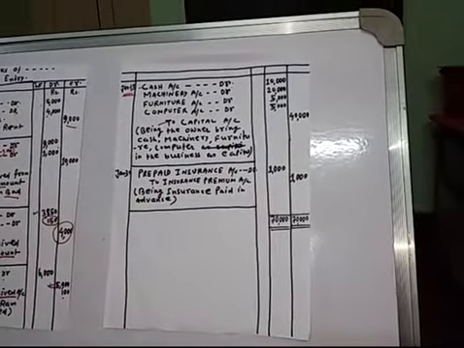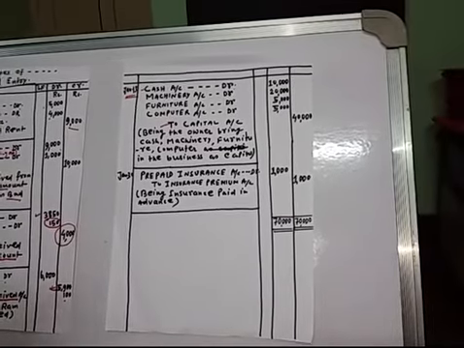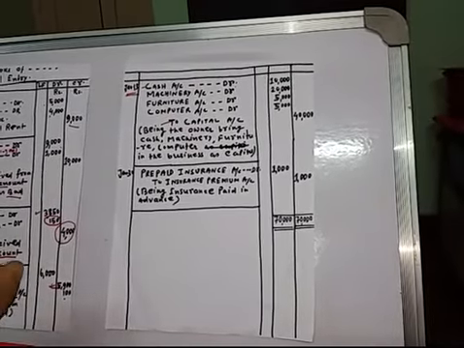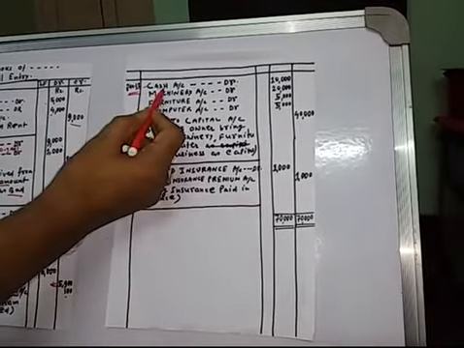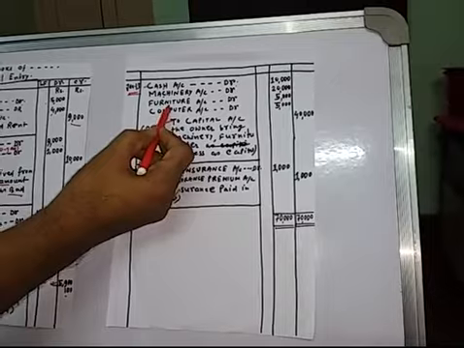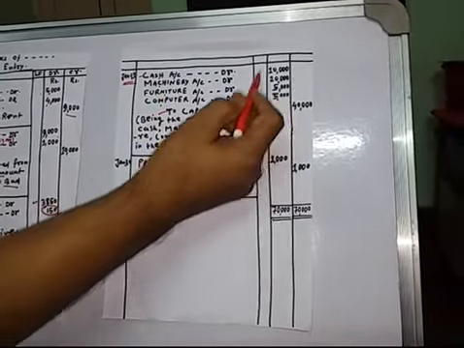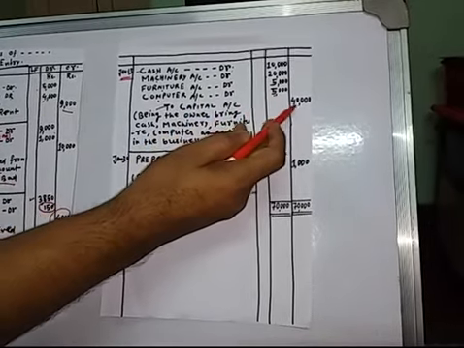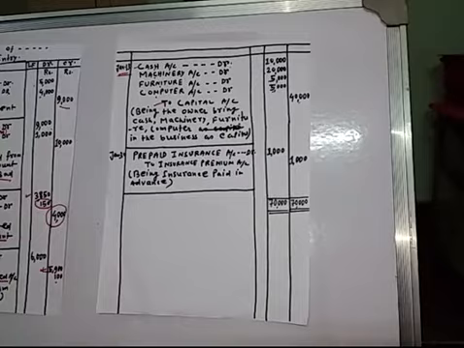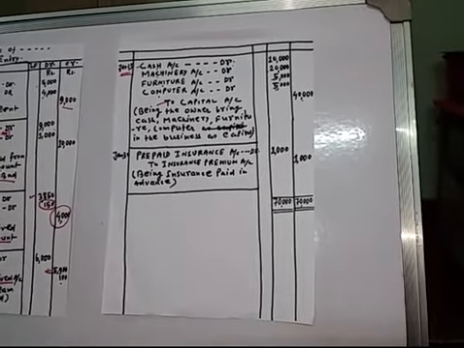But apart from the cash, the owner of the business brings machinery, furniture and computer into the business as capital. That is why cash account debit, machinery account debit, furniture account debit, computer account debit to capital account. If you add together 10,000 plus 20,000 plus 5,000 plus 5,000, 40,000 is coming. So this is the fresh capital or further capital introduced in the business.